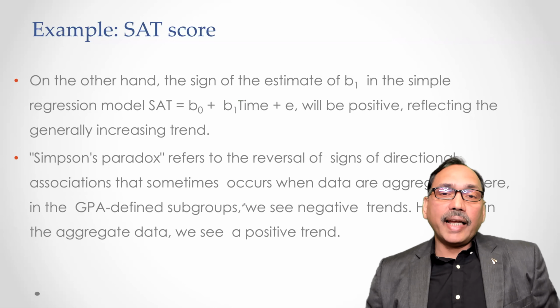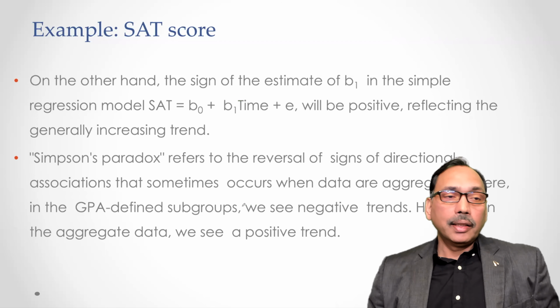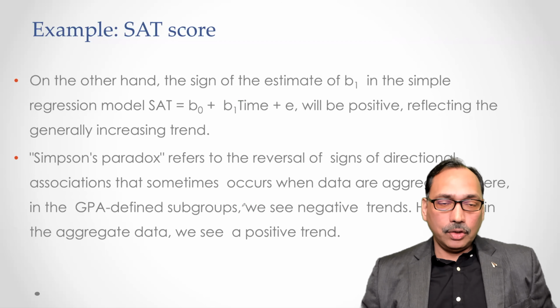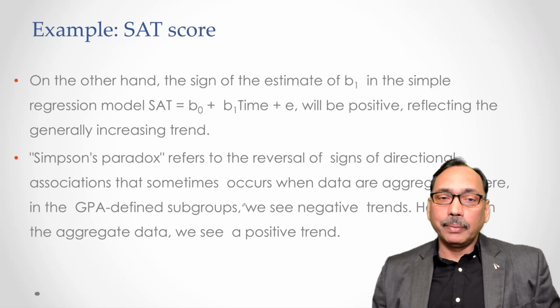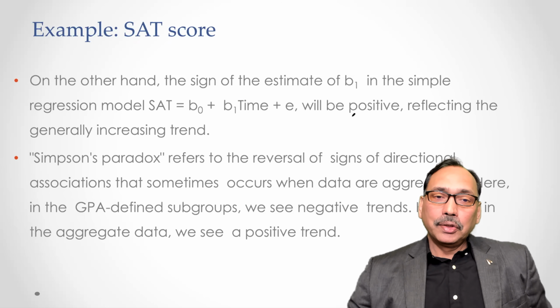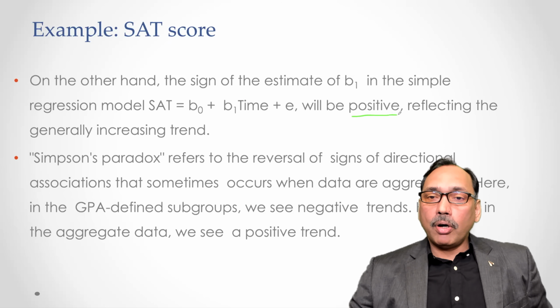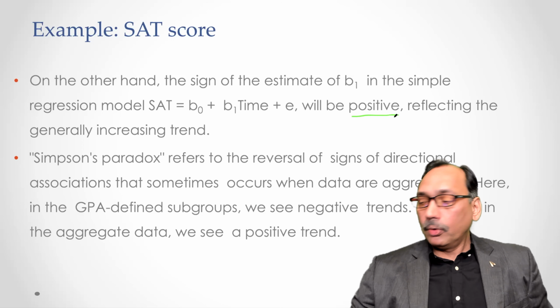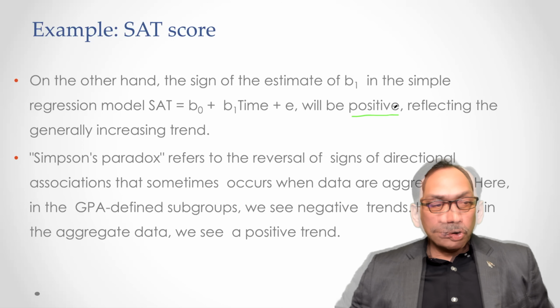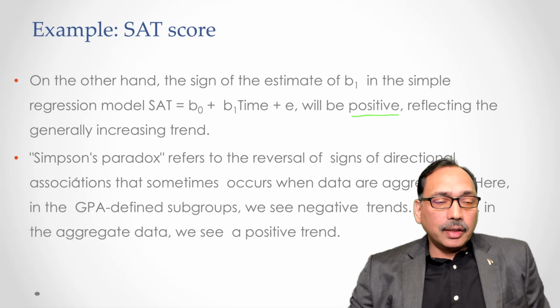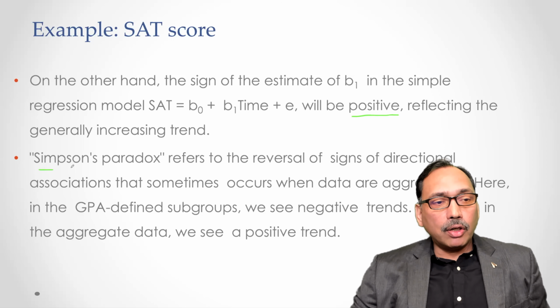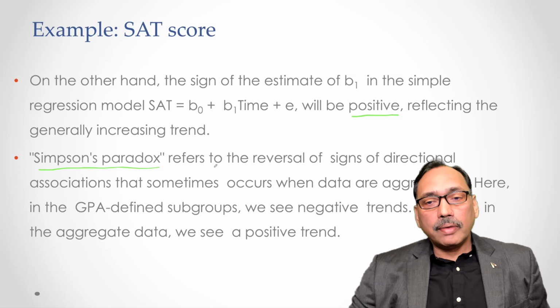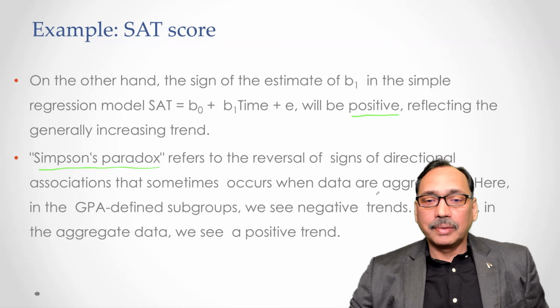On the other hand, the sign of the estimate of B1 in the simple regression situation, where you have only one independent variable, time, shows a positive relation because of the overall positive trend. So if you recall, in one of the lectures we talked about Simpson's paradox. It refers to the reversal of signs of directional associations that sometimes occurs when data are aggregated.